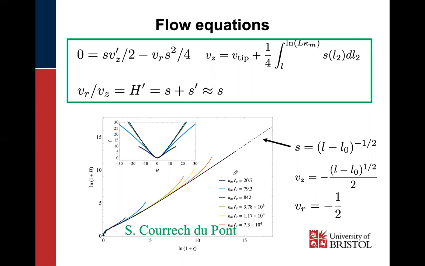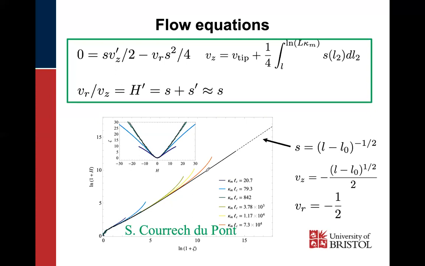So the curvature increases as you go from the top to the bottom. And you see that as the curvature increases, the experimental profiles more and more match the theoretical prediction.